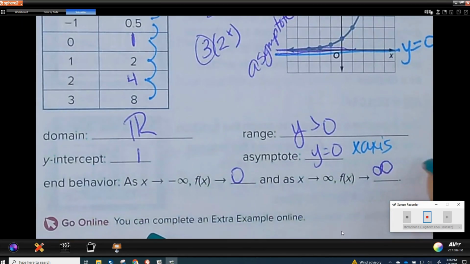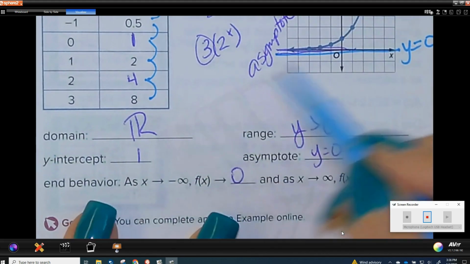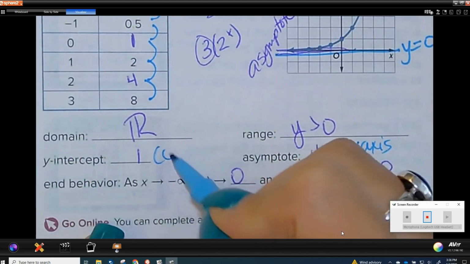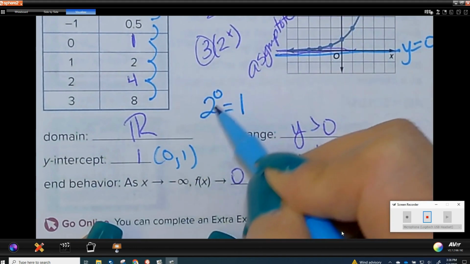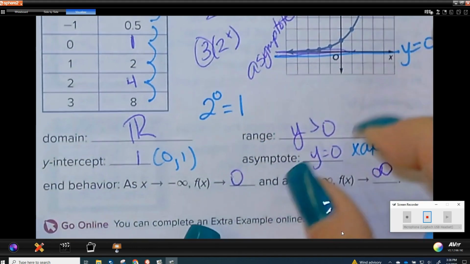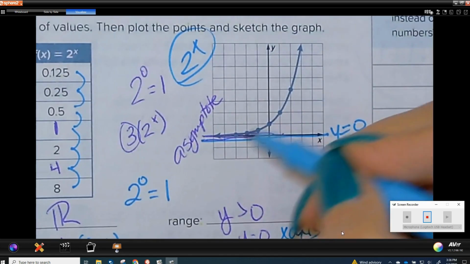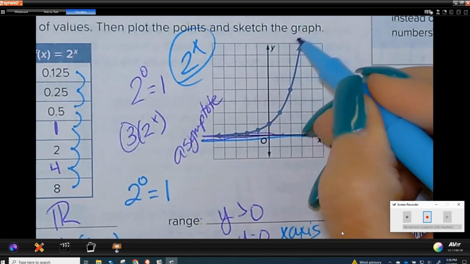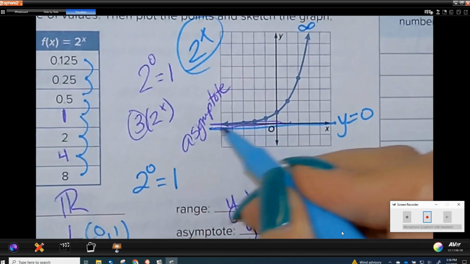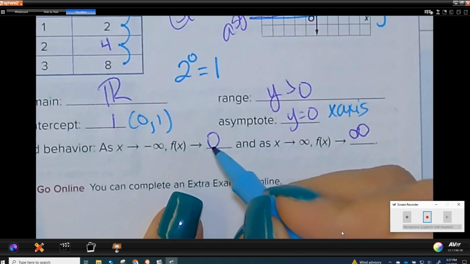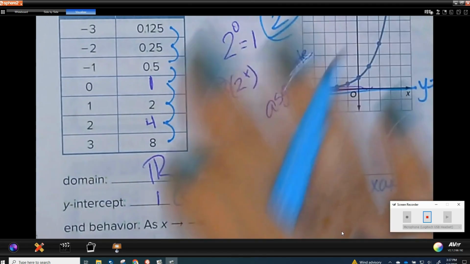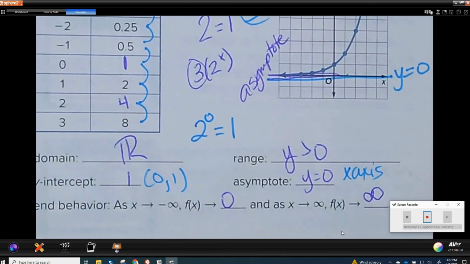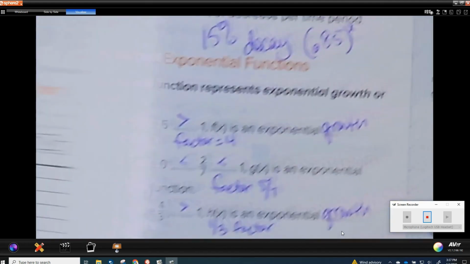Our y-intercept is 1, so it's always (0, 1). Why? Because anything to the 0 is 1, if you put 0 where the x is. The only things left are the ends. The right end obviously goes up to infinity, but the left end is getting closer and closer, approaching 0, even though it never equals 0. So this information for exponential growth is always the same, unless there are transformations, which we are getting into right now.